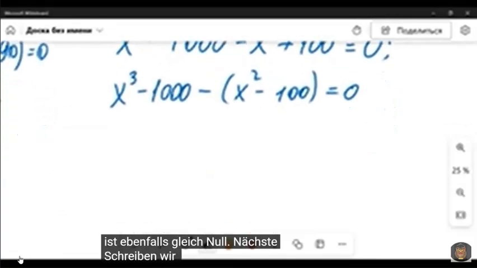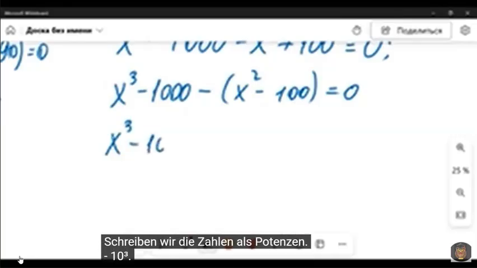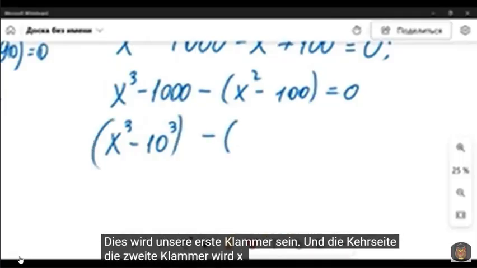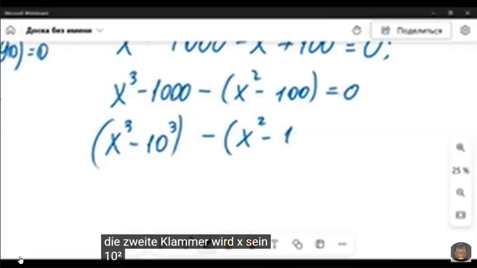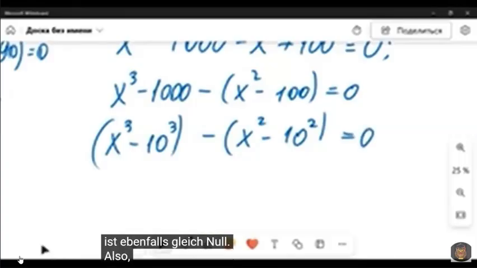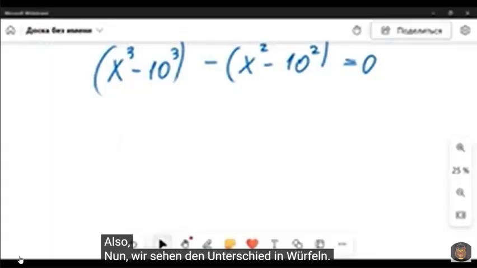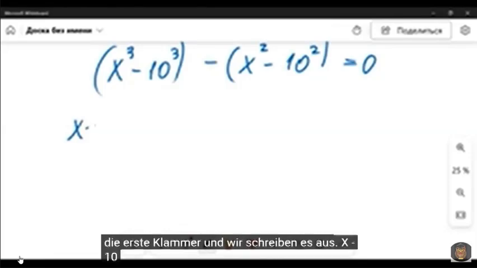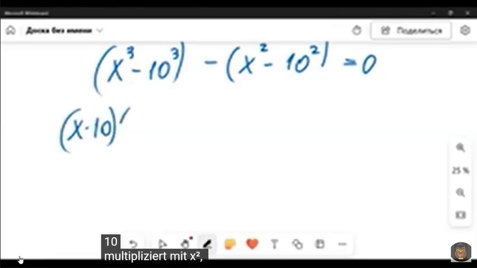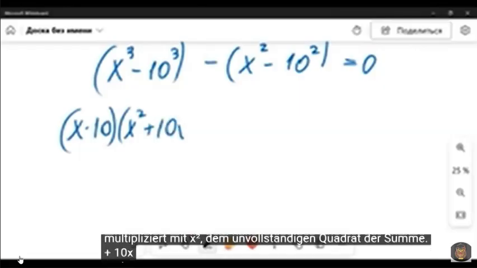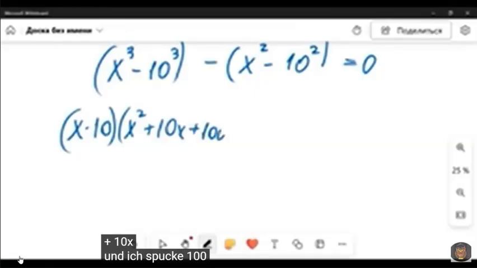Next, let's write out the numbers as powers. Minus 10 to the power of 3, this will be our first bracket. And minus the second bracket, x squared minus 10 to the power of 2, also equals 0. So, we see the difference of the cubes in the first bracket, and we write it out: x minus 10 multiplied by x squared, an incomplete square of the sum, plus 10x and plus 100.